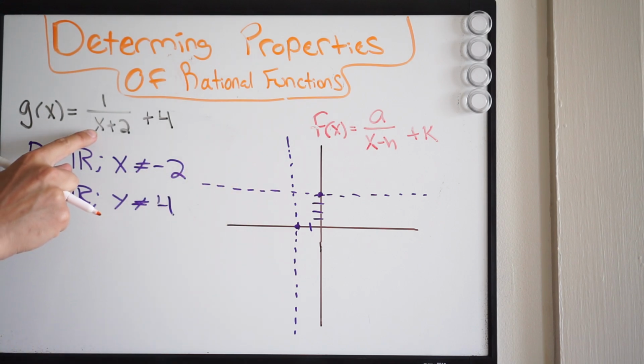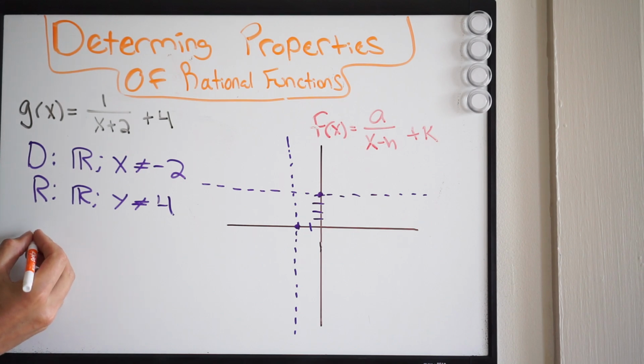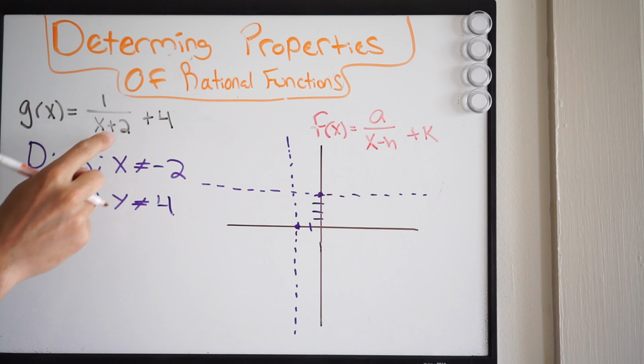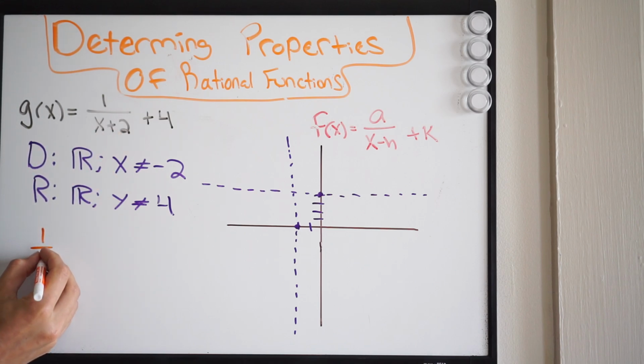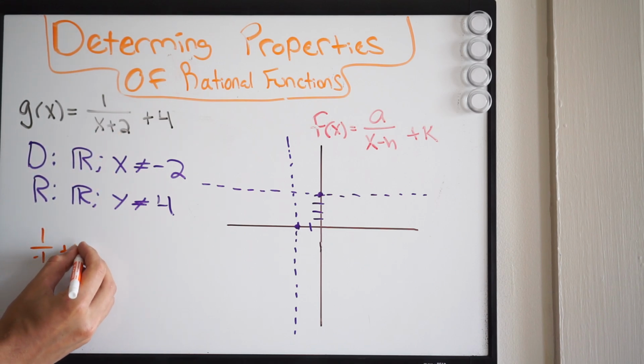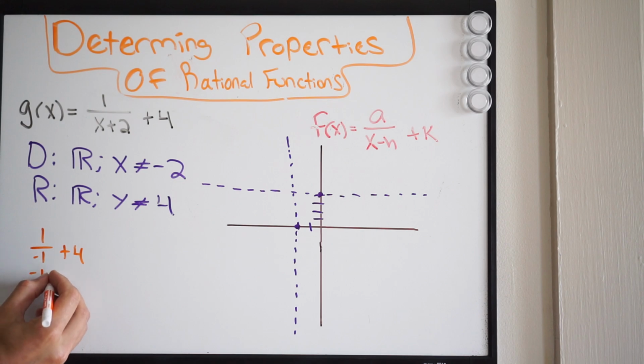I'm going to put in a negative 3 here for x, and I'll get 1 over negative 3 plus 2, which is negative 1, plus 4. Well, this is negative 1 plus 4, which we know is going to equal 3.